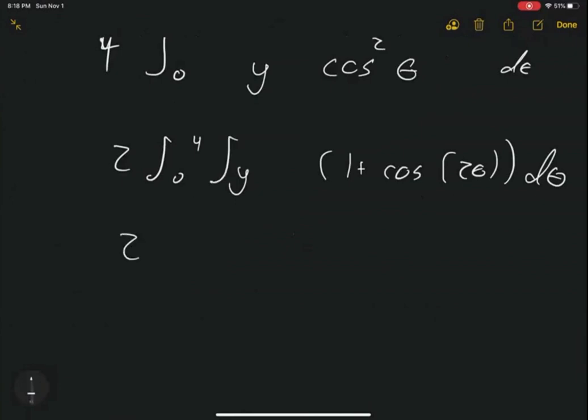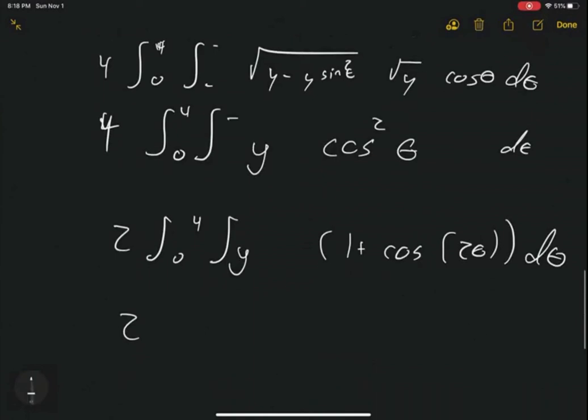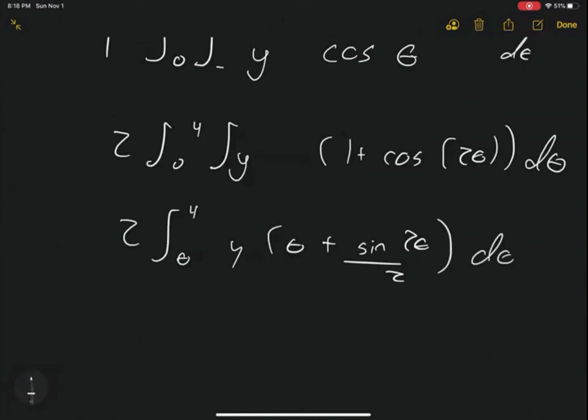And this is still integrating in terms of theta, right? I'm missing an integral sign there. All right, integrating in terms of theta, I get the integral of y times theta plus sine 2 theta over 2 d theta, or excuse me, dy.